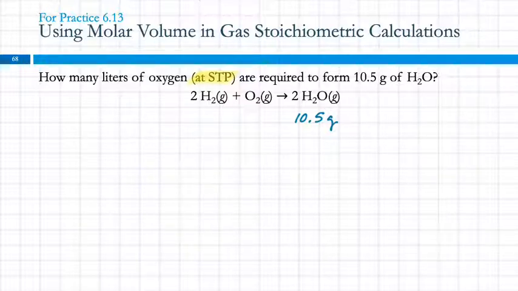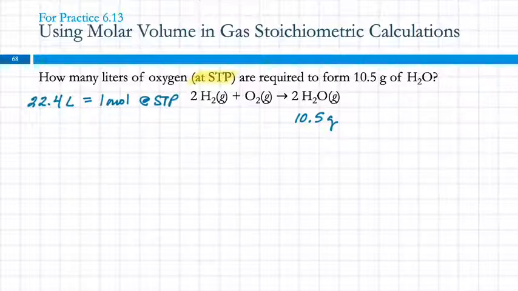At STP tells me I can use what? The 22.4. 22.4 liters of a gas is equal to 1 mole at STP. So the question I have posed to me is how many liters of oxygen? So question mark, liters.